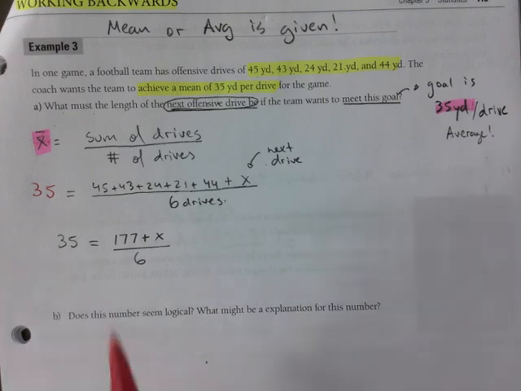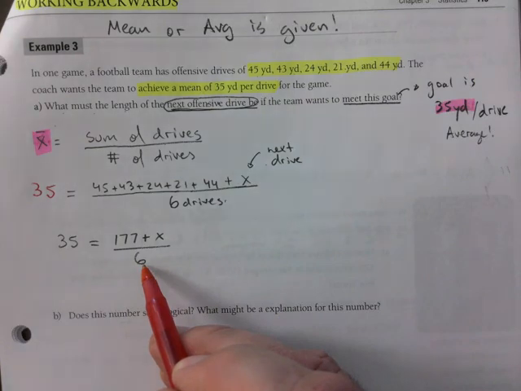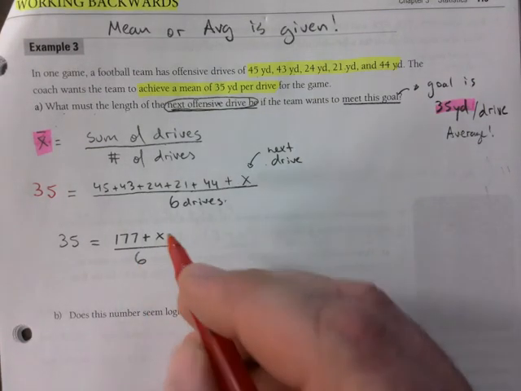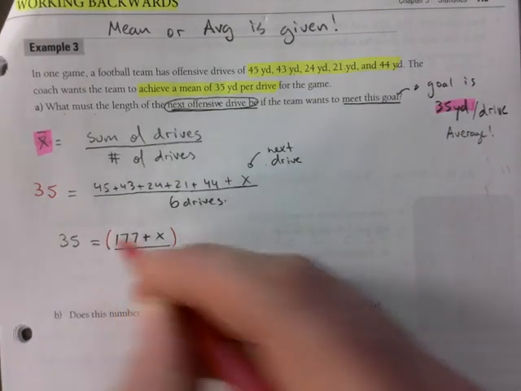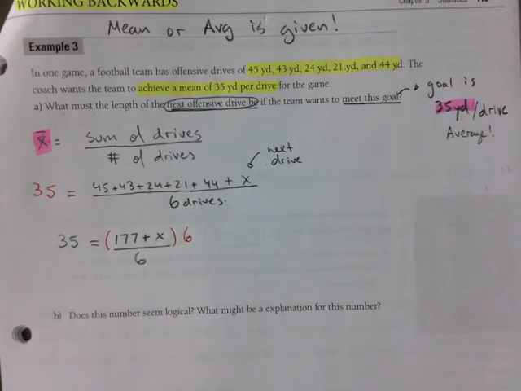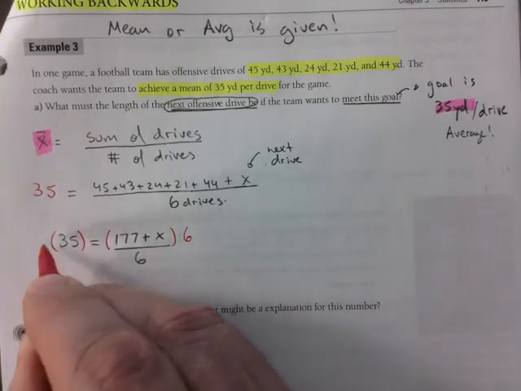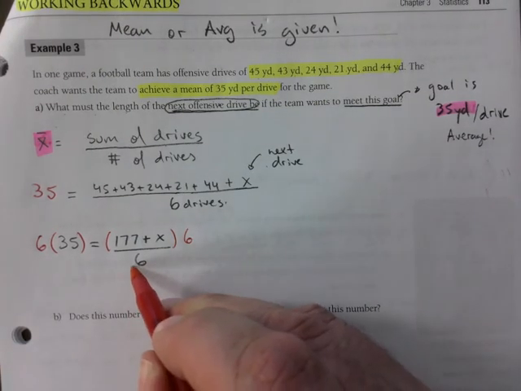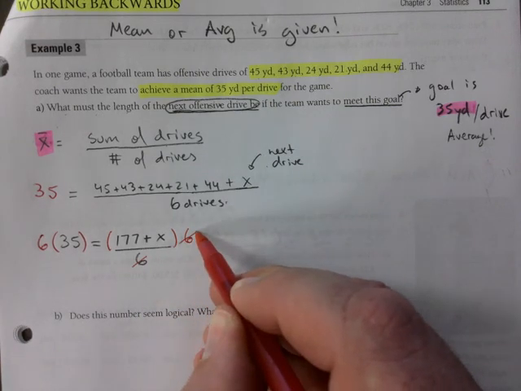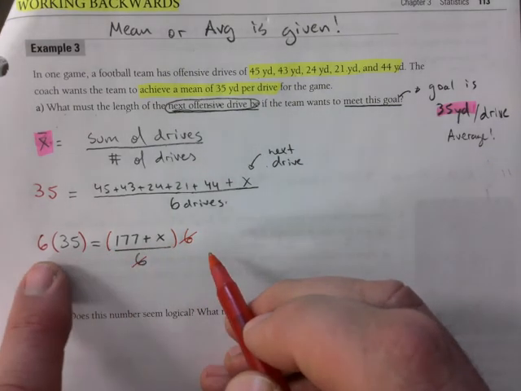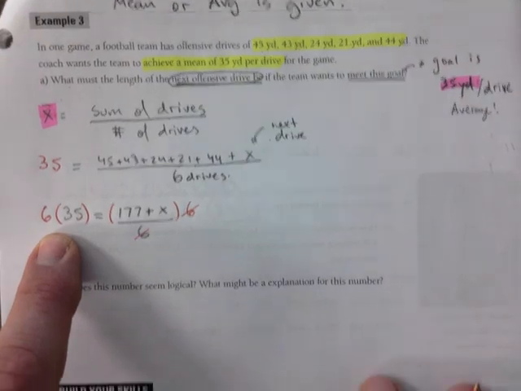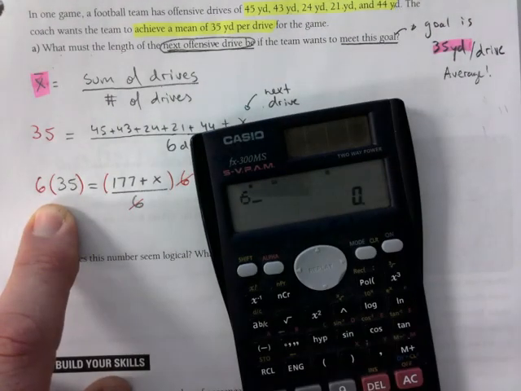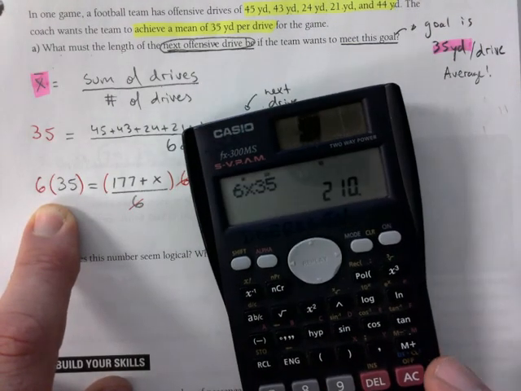Ready? Every time in algebra, you want to get rid of what's dividing. So what we do is we multiply both sides by 6. Same thing here. You take that and put a 6 in front of it like that. And that allows you to do this. Watch. You can cancel this, but the math really happens on this side, right? The numbers being multiplied. 6 times 35 is 210.